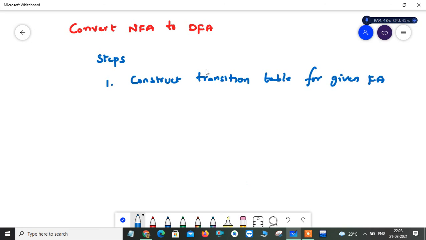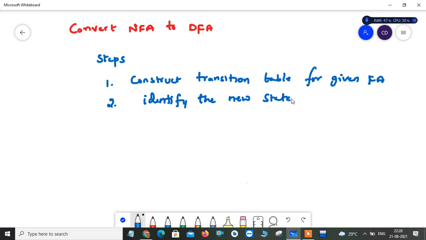Here the finite automata is given as a state diagram, so you first construct a transition table for it. The second step is to identify the new states. What do we mean by a new state? Suppose in your given NFA you have states like Q0, Q1, Q2.